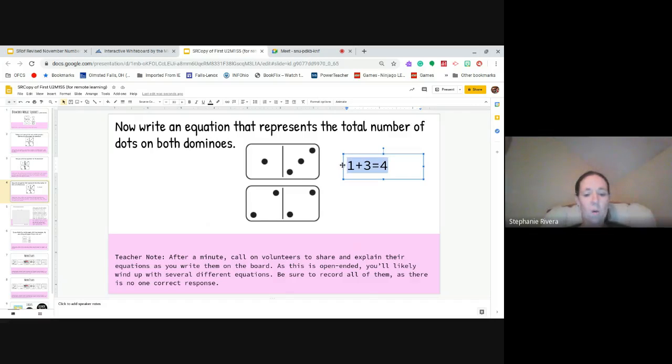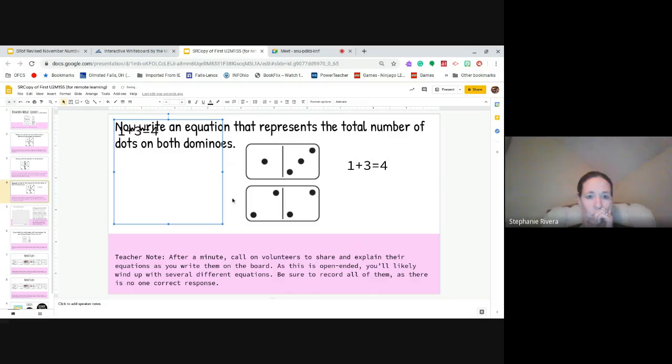What would our equation be for that second domino? Can't be 1 plus 3 again because we have a different number of dots here. Oh, I heard you, friends. You said 2 plus 2, right? We have a double there. Both of these dominoes have 4 dots. This one has 1 plus 3. This one has 2 plus 2.